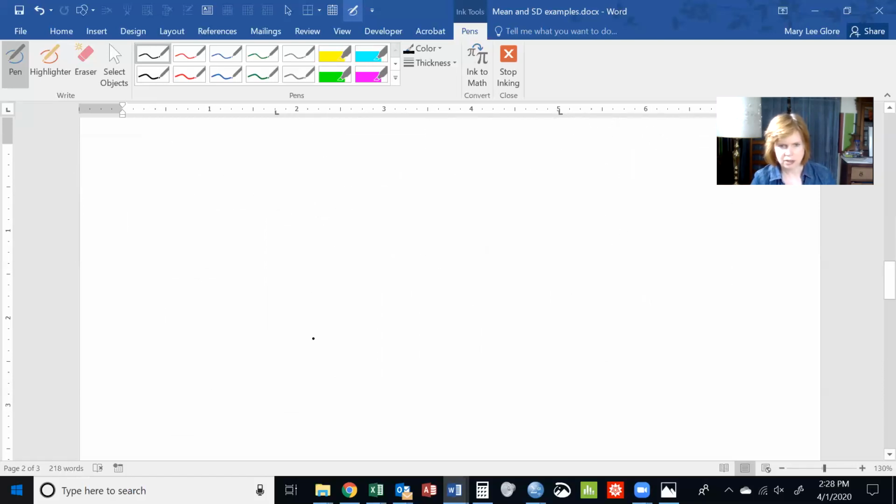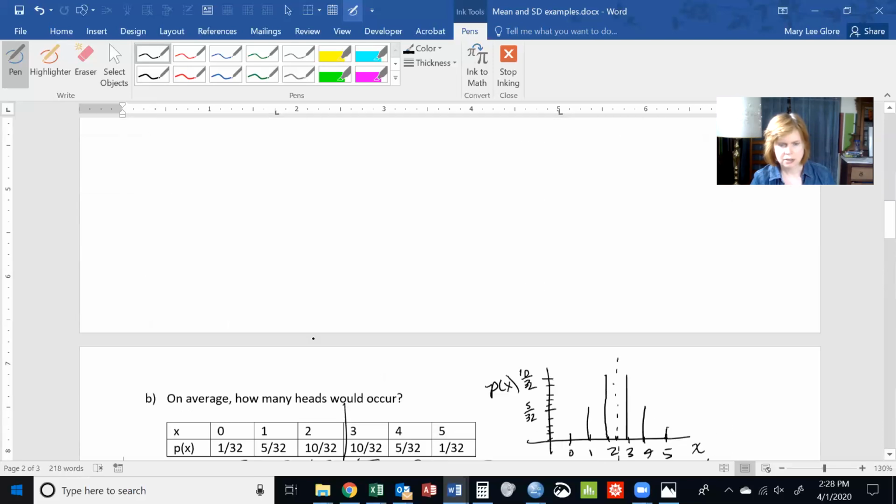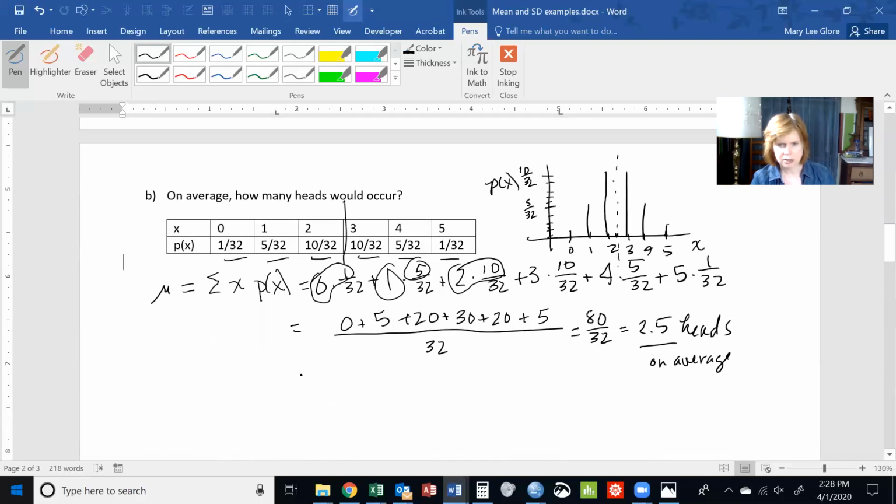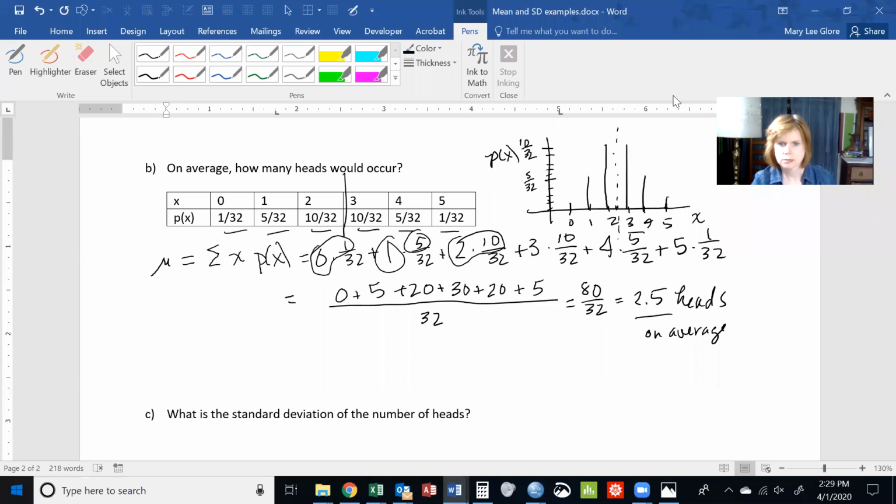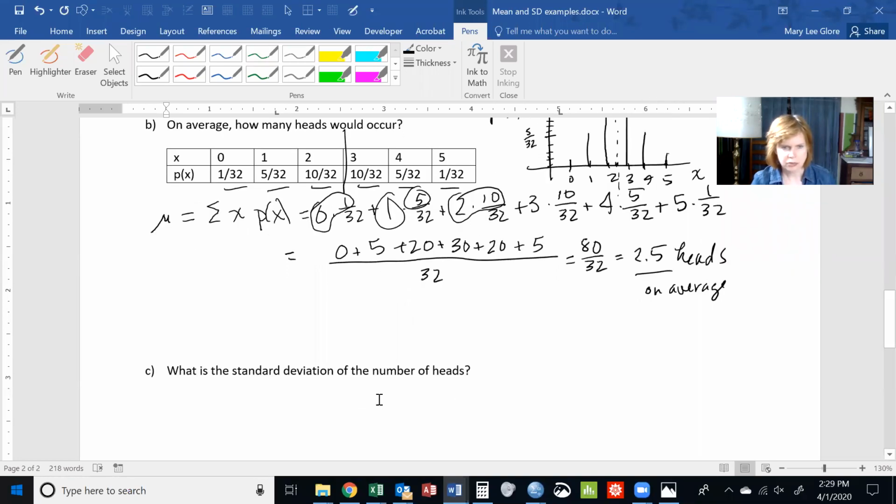All right, so now I want to calculate the standard deviation. What is the standard deviation of the number of heads? Where the mu tells me what's going on on average, standard deviation tells me about the spread of the distribution.